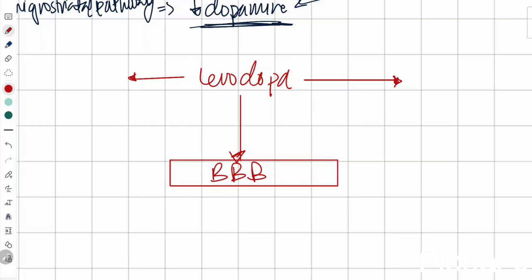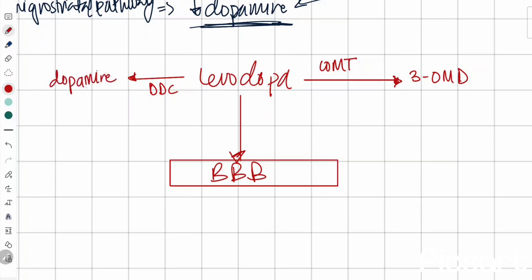The first enzyme is COMT. It wants levodopa to become 3-OMD. And another enzyme, DDC, dopa decarboxylase, wants levodopa to convert into dopamine.